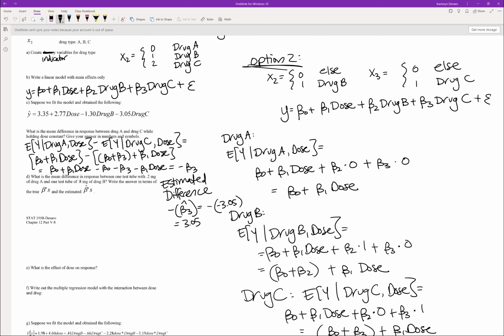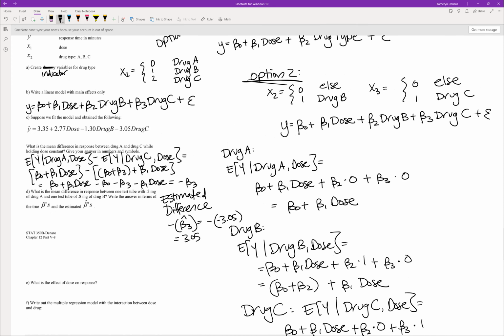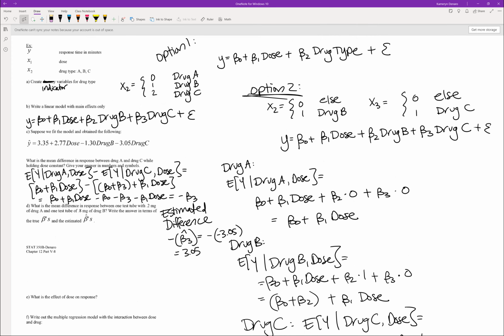So the estimated difference in response time between drug A and drug C is going to be 3.05 minutes. Fantastic, right? 3.05 minutes.